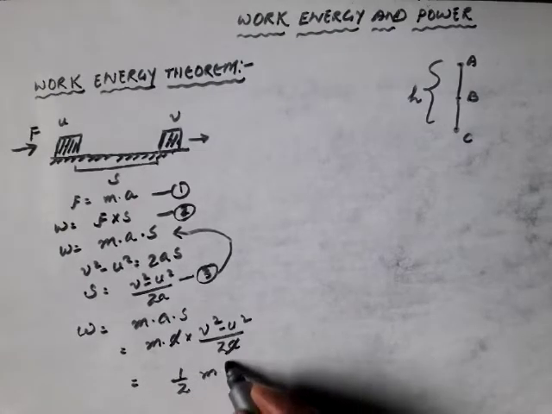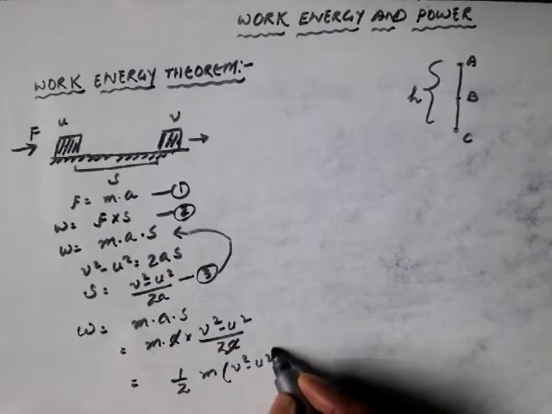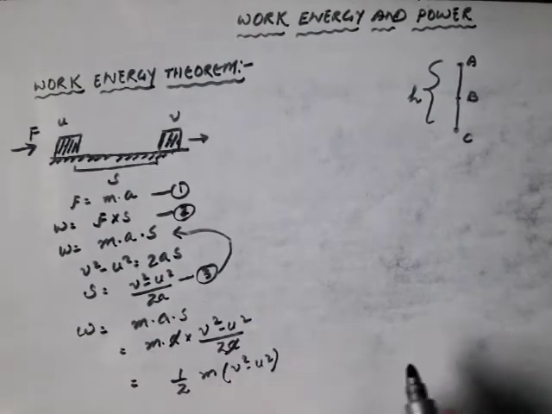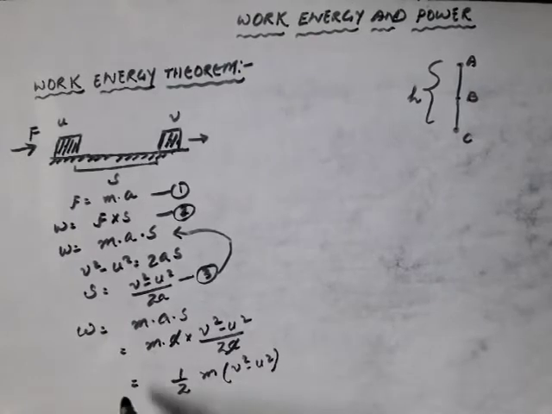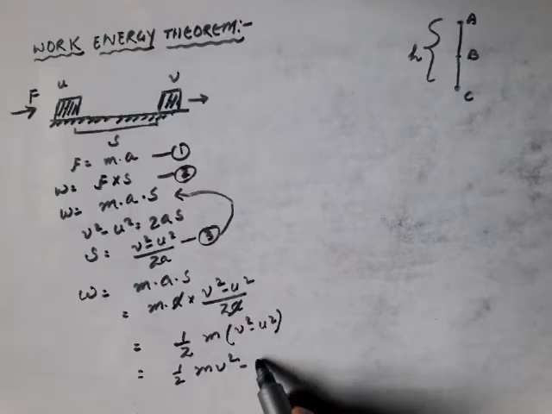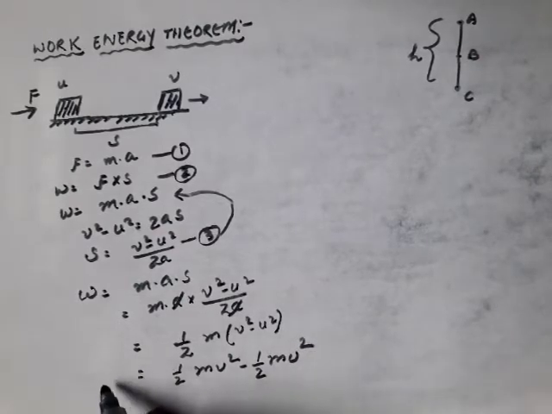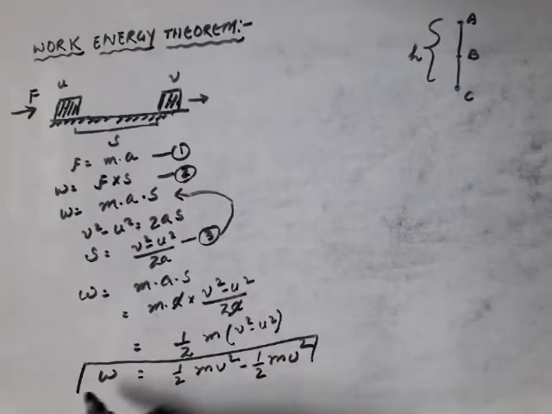1 by 2 M V square minus U square. So we can write 1 by 2 M V square minus 1 by 2 M U square, and this is the work done, it is imparting an increase in its kinetic energy.